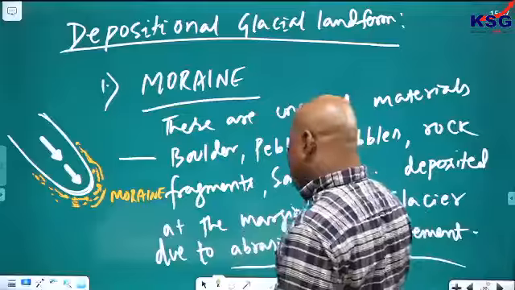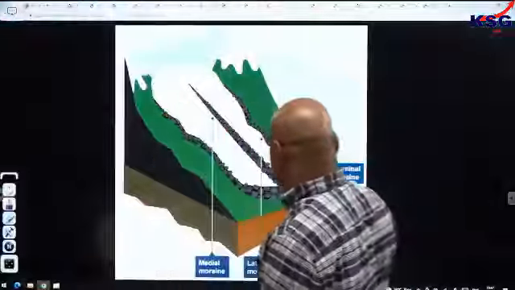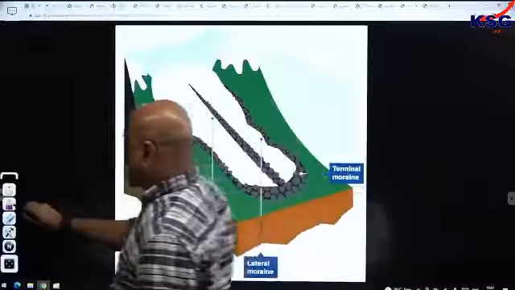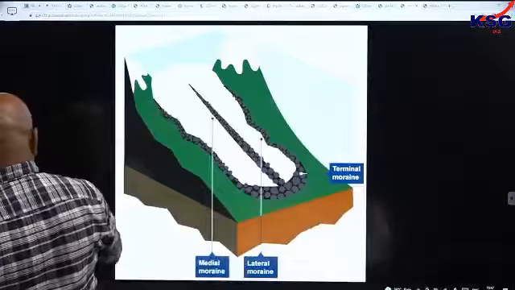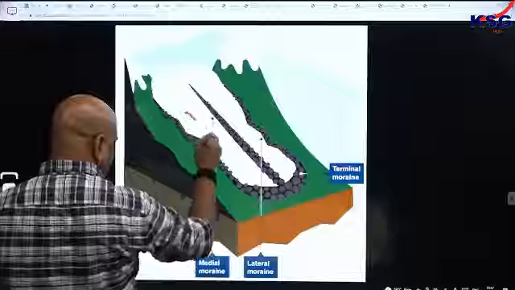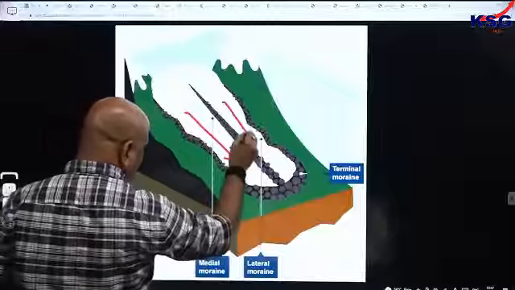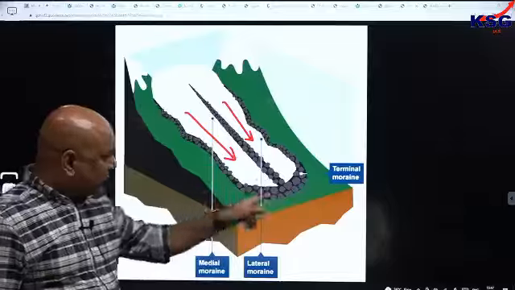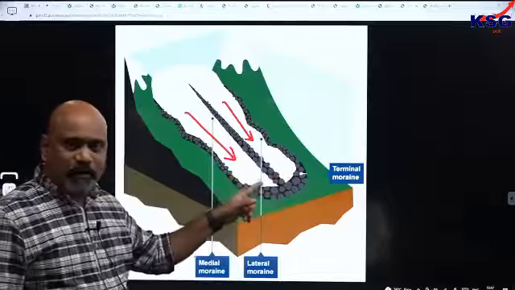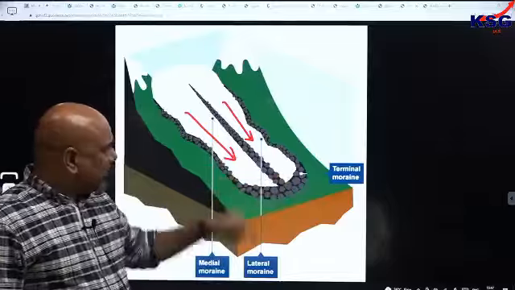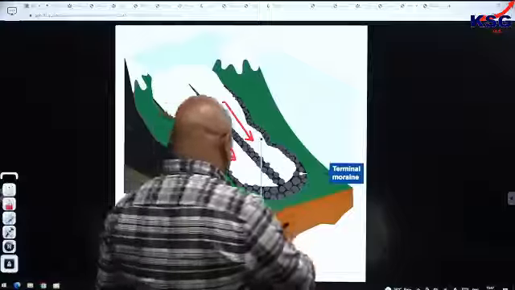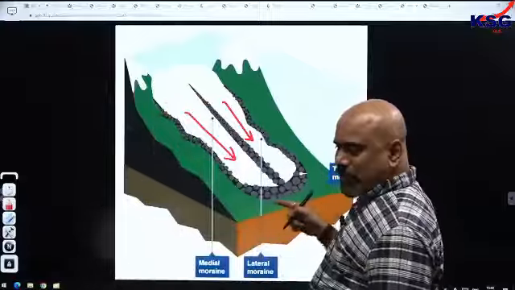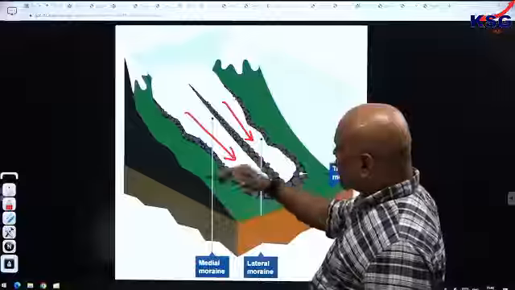If I go to the earlier diagram, see here, it is clear. While this glacier is moving, I hope you got it, there are deposits of material at the end here. This is known as the terminal moraine, at the edge.